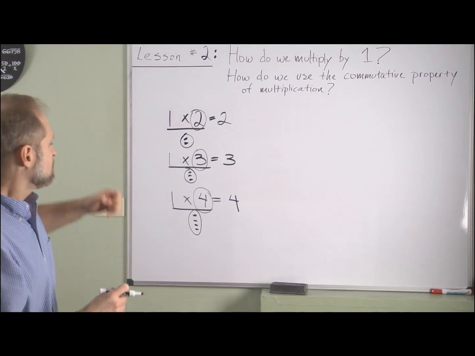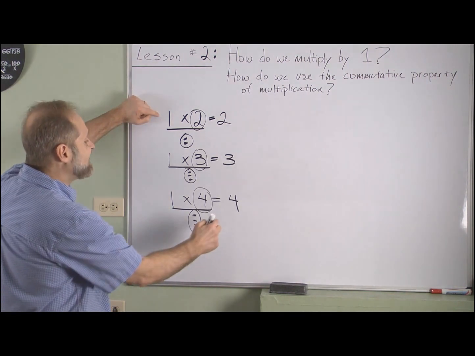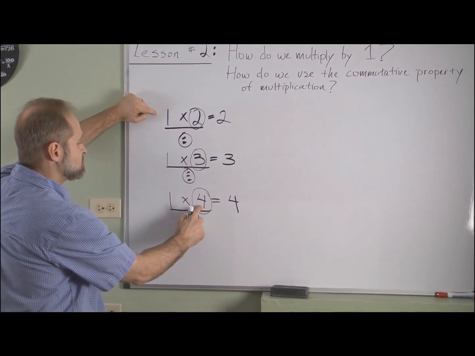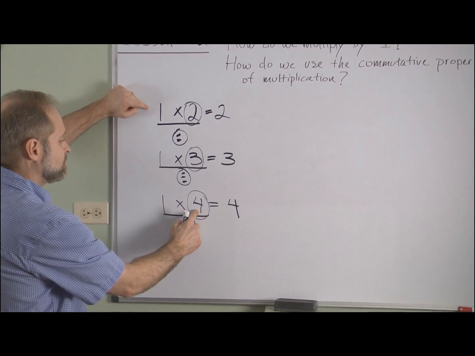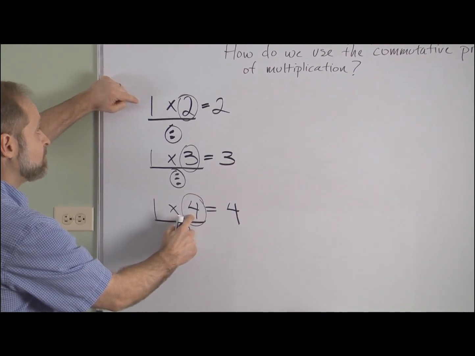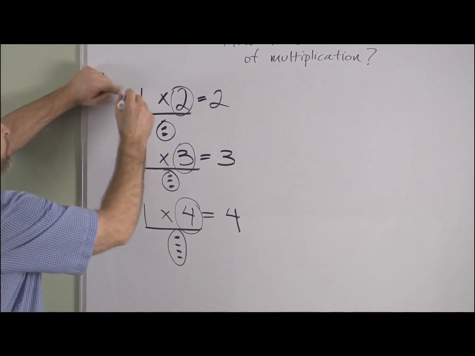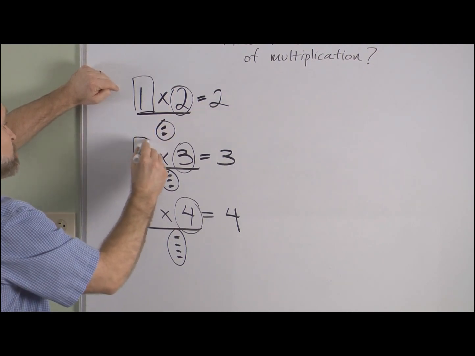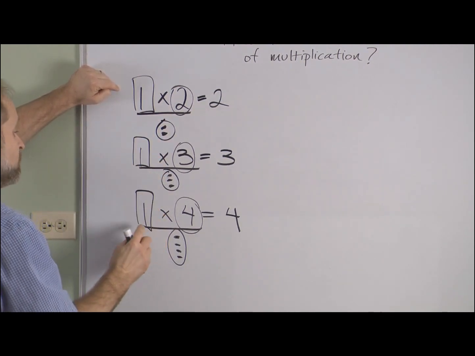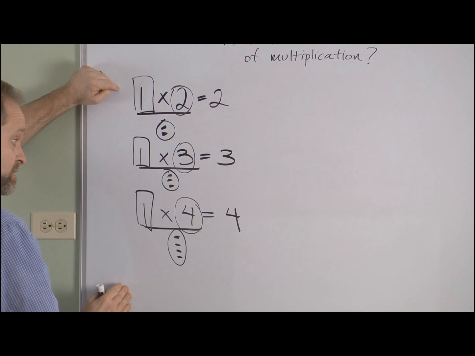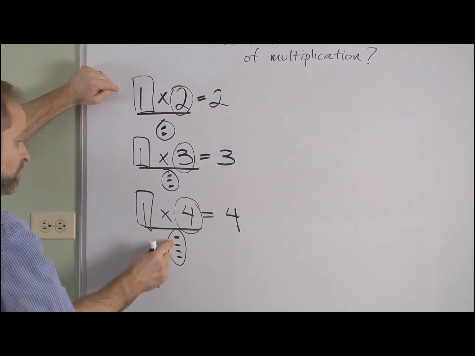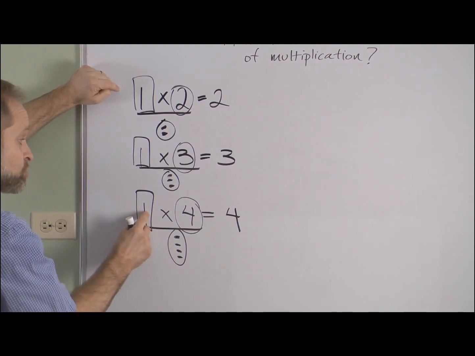Okay. Our question was, why is our answer the same as this number? And one thing that you've probably figured out is because you only have one group each time. And if you only have one group of 4, for instance, then your group is going to only have 4 dots, and you only need one of those groups.